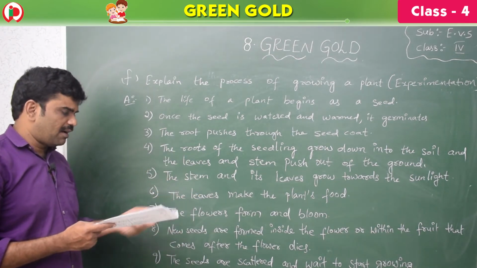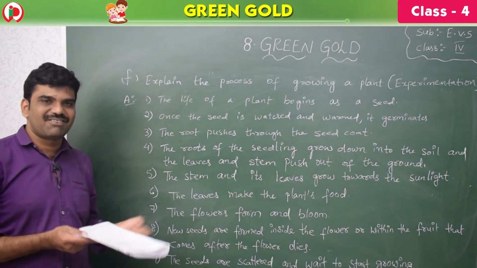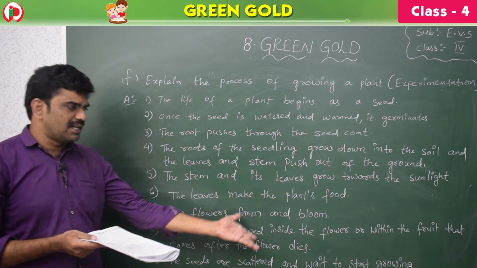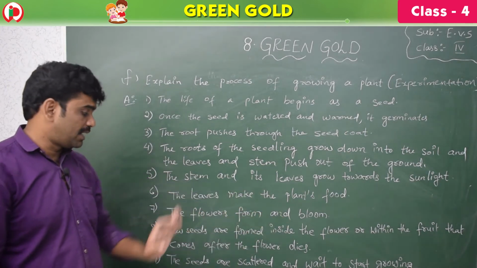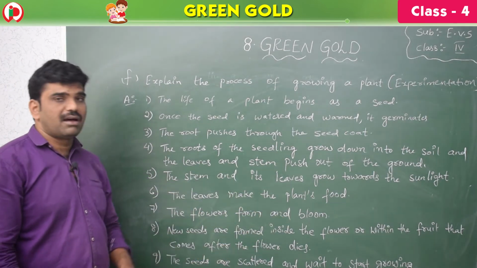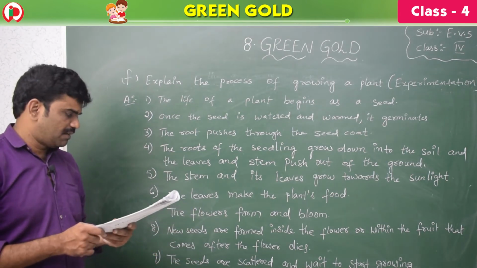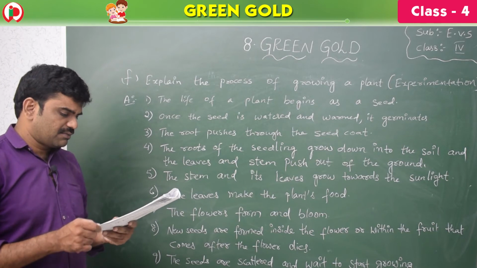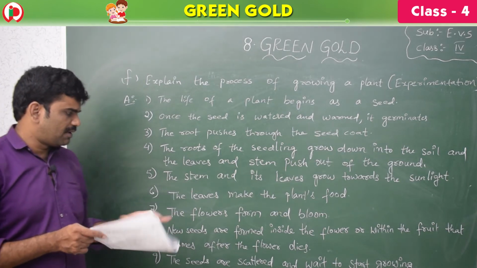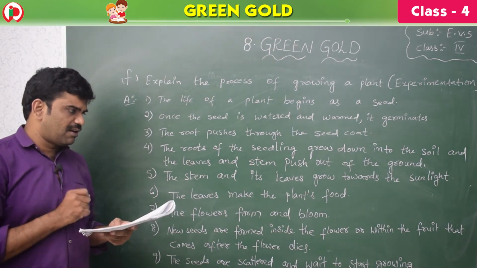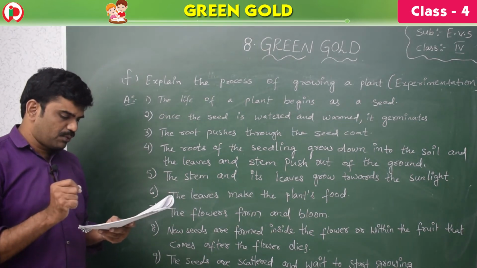Seventh point, the flowers form and bloom, children. The flowers will form. Next, new seeds are formed either inside the flower or within the fruit sometimes. That comes after the flower dies. So what is that point? Here see, the flowers form and bloom. New seeds are formed inside the flower, eighth point, or within the fruit.